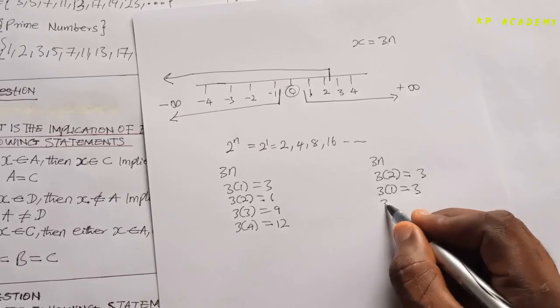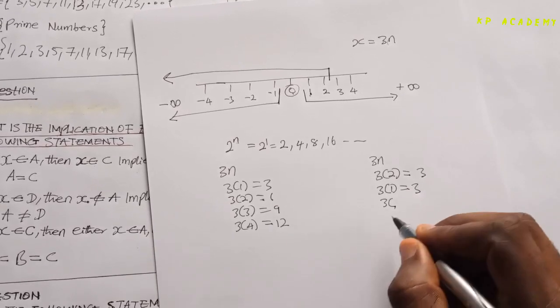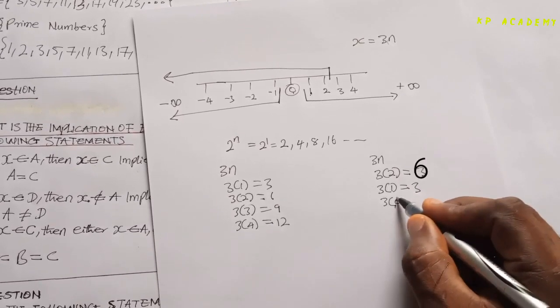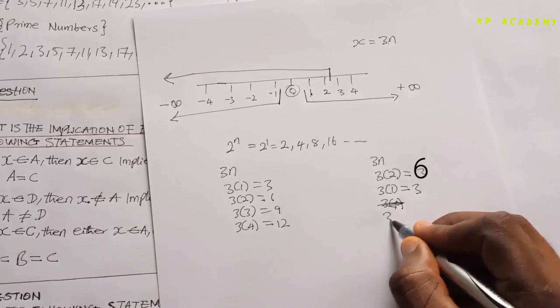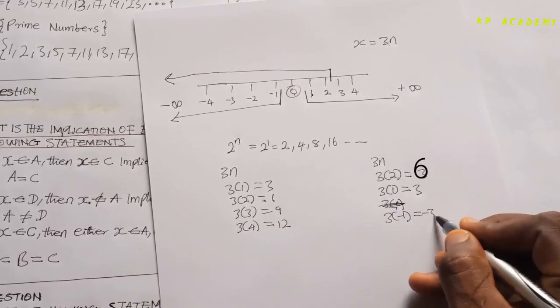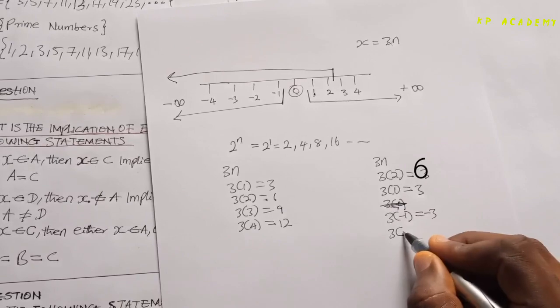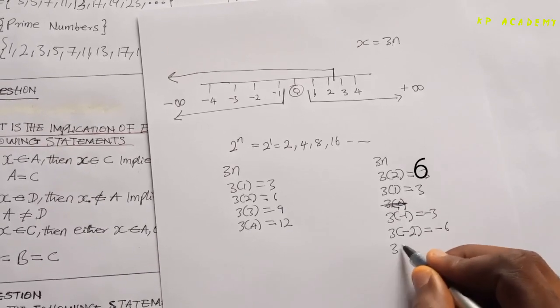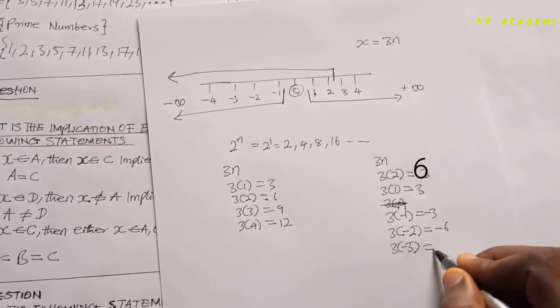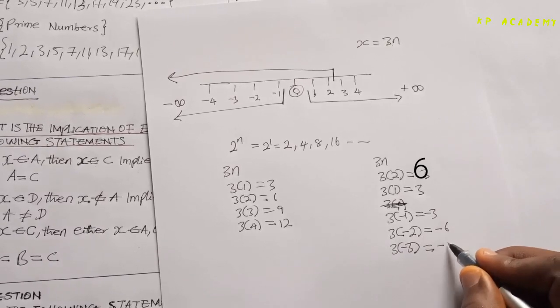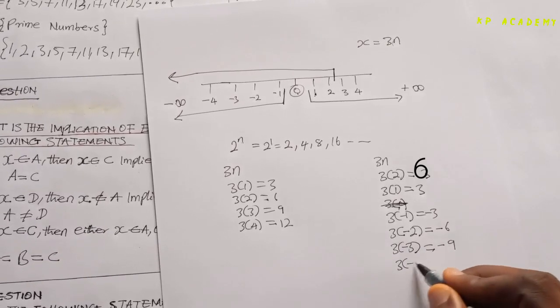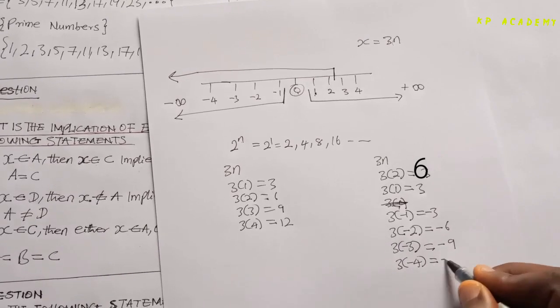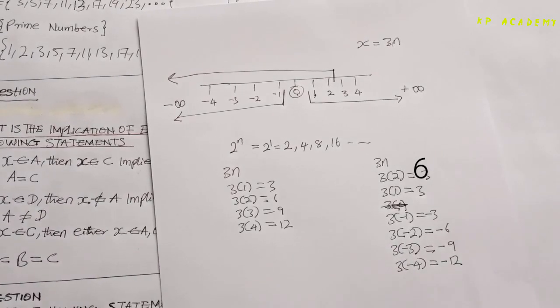Next one is 3 into, okay, 0 is not among, 3 into -1, which is -3. Next one, 3 into -2, which is equal to -6. Next, 3 into -3, which is equal to -9. Next, 3 into -4, which is equal to -12, and so on and so forth.